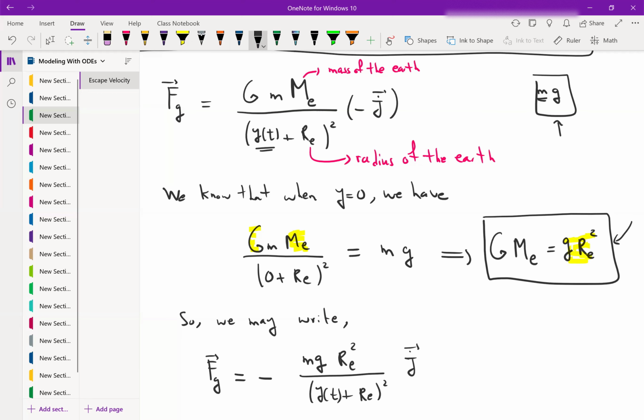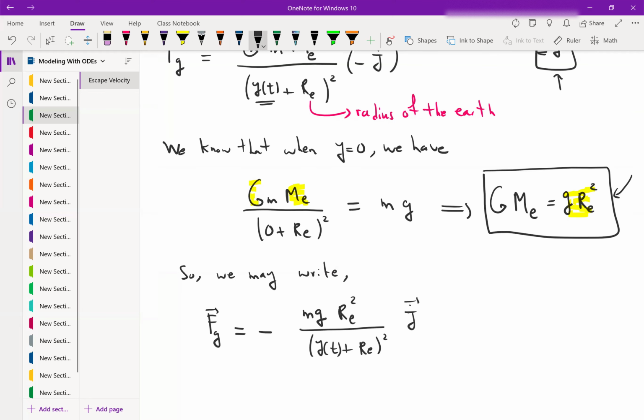Very good. So just to be very clear, this negative j part is telling me that the force is pointing downward in the direction of the negative y-axis. And I want you to all notice that this is a generalization of the formula that you knew before. Previously, you were all aware of the fact that the force due to gravity is m times g, little m times g.